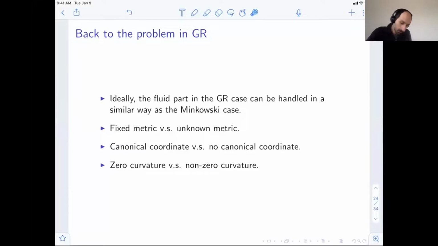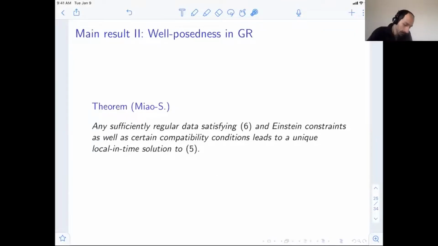One is that we've been working with these rectangular coordinates, which we don't have here, so we have to find an appropriate replacement where the fluid quantities satisfy the right equations, and then of course we have to check if the curvature comes in the right way in the nonlinearity for the fluid equations or not. So really the main point is to find the right candidate for the unknown such that the fluid equations have essentially the same structure as before. And the result is again that given initial data satisfying the right constraint and compatibility conditions, we get local in time solutions, and again high regularity.